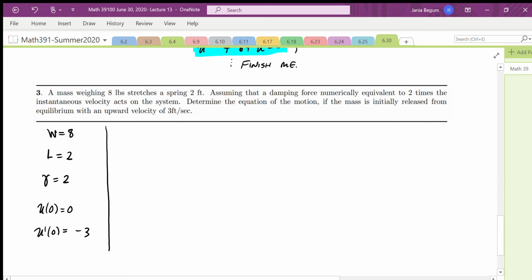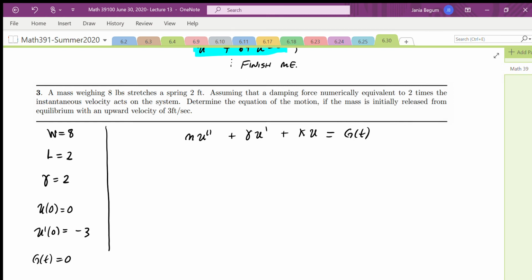Now let's find our unknown constants. We want m u double prime plus gamma u prime plus k u equals G of t. G of t is 0 because the problem doesn't mention it, so assume it to be 0.